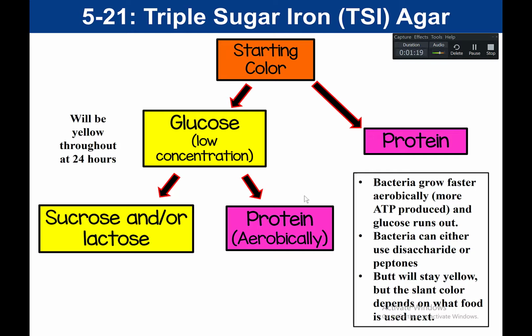So this top part of this diagram is dealing with how bacteria use the sugars, right? And so remember that the purpose of a TSI is to differentiate bacteria on glucose fermentation, sucrose fermentation, lactose fermentation, and sulfur reduction.